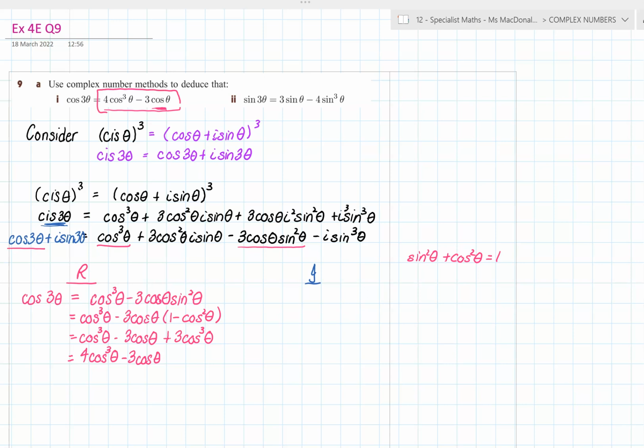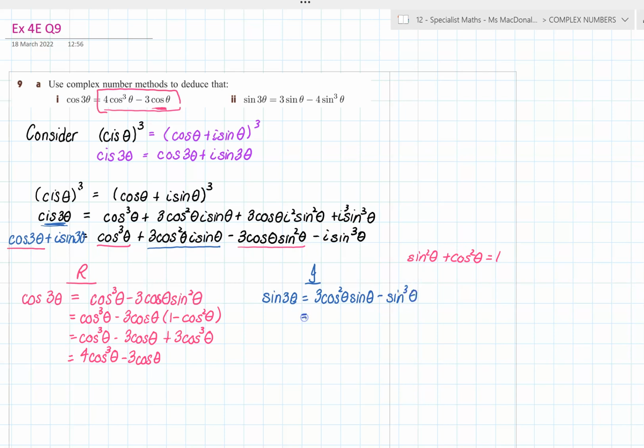Okay, now, on the left-hand side, the imaginary part is sin 3θ. You don't include the i because that's the bit that's telling you that that whole section is imaginary. So now on the right-hand side, that's the imaginary part. So again, ignore the i. You just have 3 cos²θ sin θ, and minus, again we're ignoring the i, that's just telling you that it is imaginary, sin³θ.